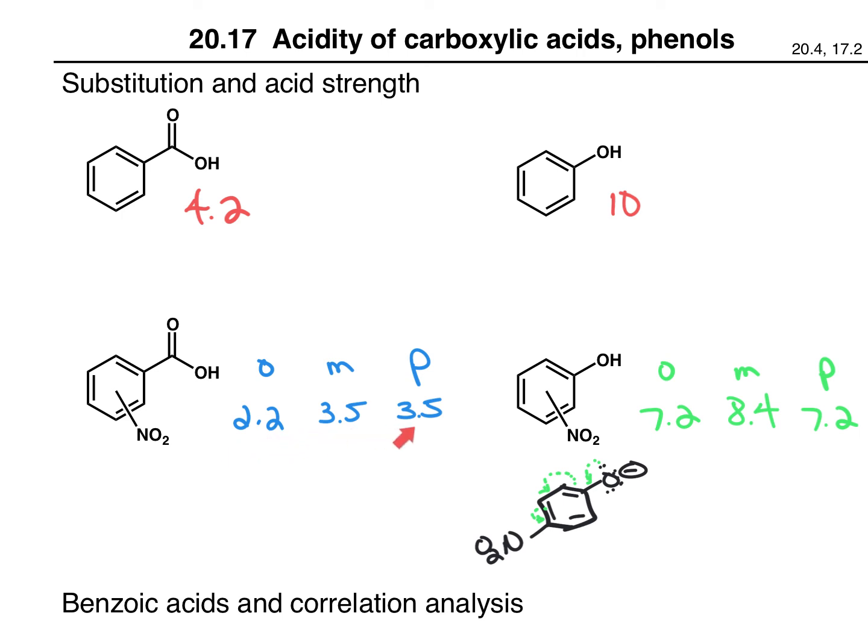Here, the impact is just by inductive effect, and so it falls off with distance. And in the case of phenol, the impact is inductive effect and resonance effect. And so it falls off with distance when it comes to the meta position, but resonance is a factor when it comes to the para position.